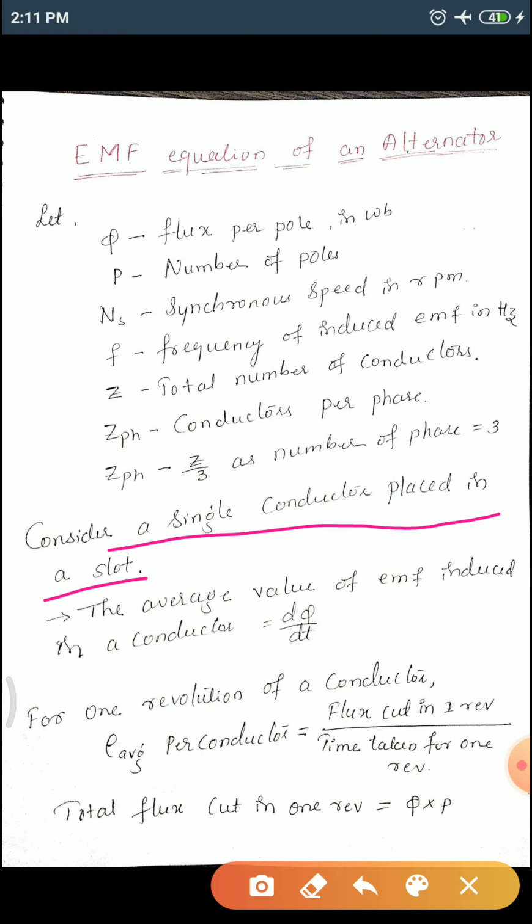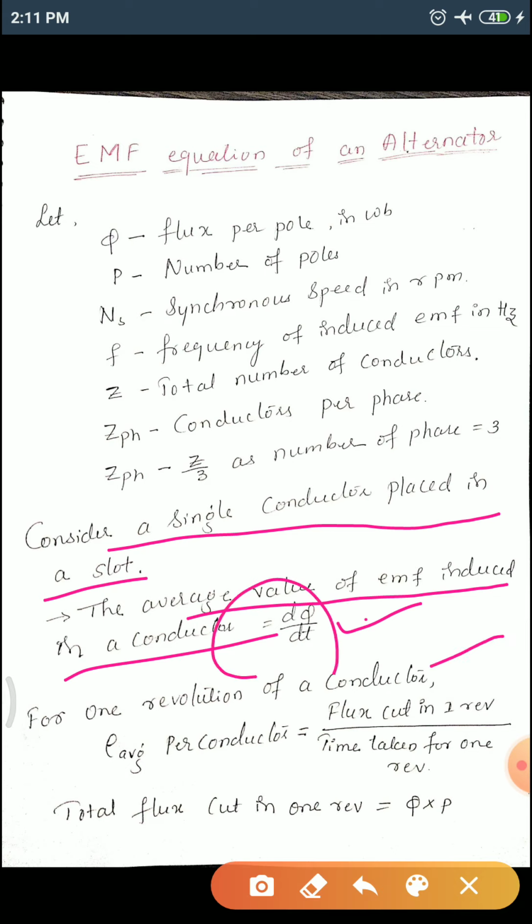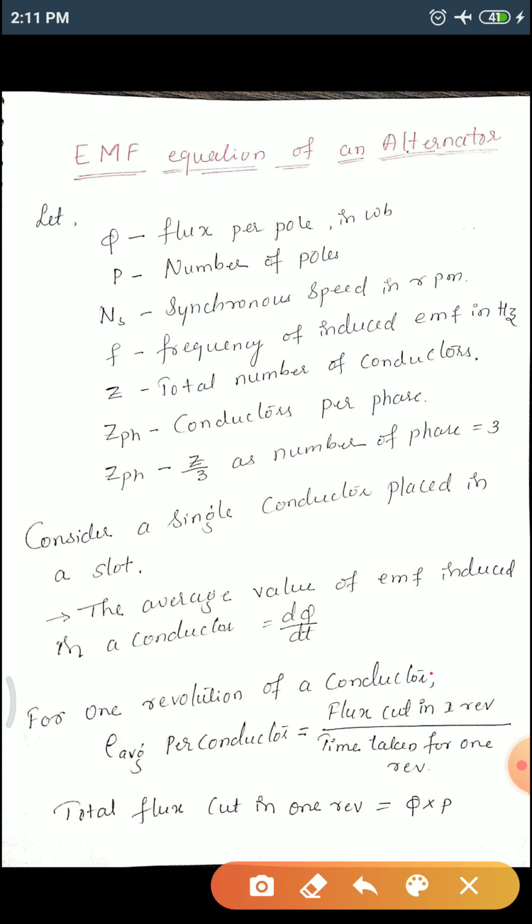Consider a single conductor placed in a slot. The average value of EMF induced in a conductor is given by d phi by dt, as we know. So for one revolution of a conductor, the average voltage per conductor will be given by the flux cut in one revolution divided by the time taken for one revolution.